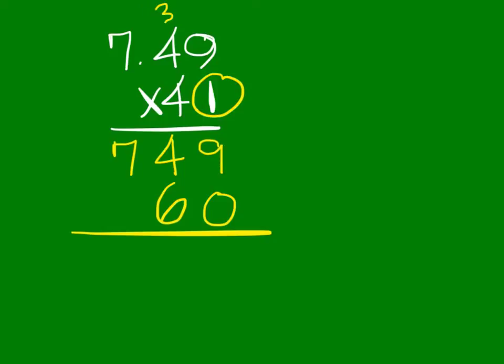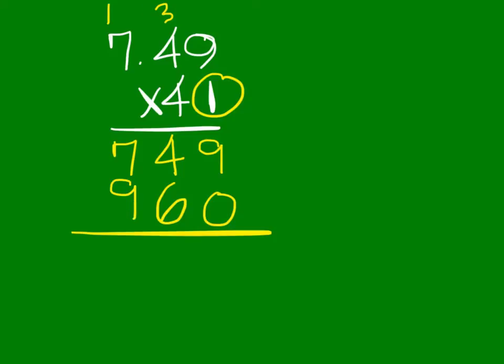And now what do I do next? 4 times 4 is what? 16, and do I add something to it? So what's 16 plus 3? 19. What do I write? 9 and then a 1 on the 7.